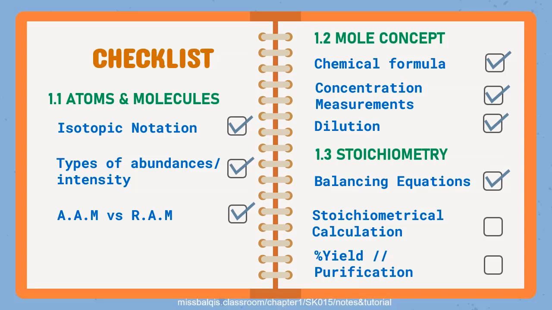So you need to make sure that you know all the terms being used for each method. And lastly is the percentage yield or the purification of sample. You simply need to substitute everything you have found in the previous part of this 1.3 stoichiometry into the formula, then you'll get your final answer.